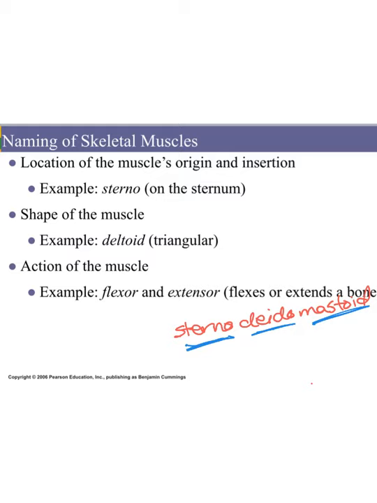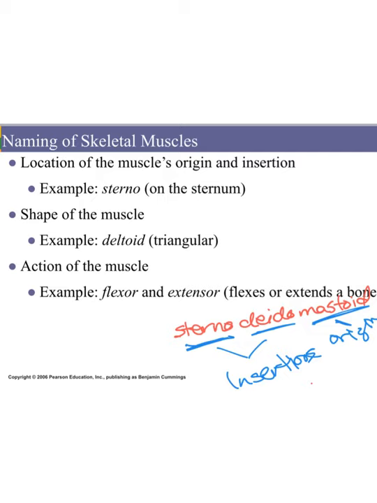So it has two origins: one on the sternum, one on the clavicle, and mastoid refers to the mastoid process. So it goes from the mastoid process. Here's our origin. And then these two would be insertions. Okay, so they're named for their origin and insertions.